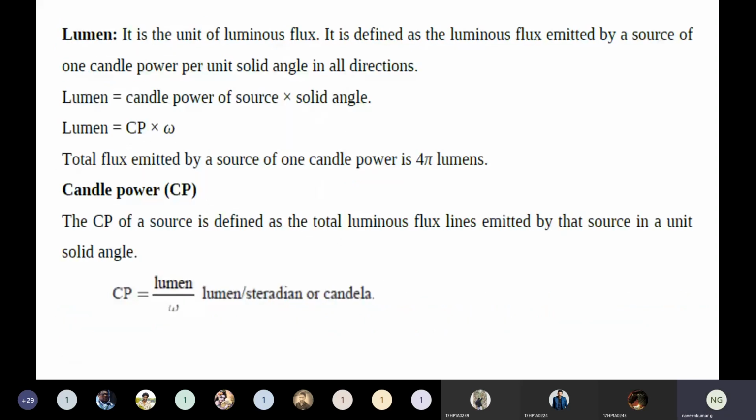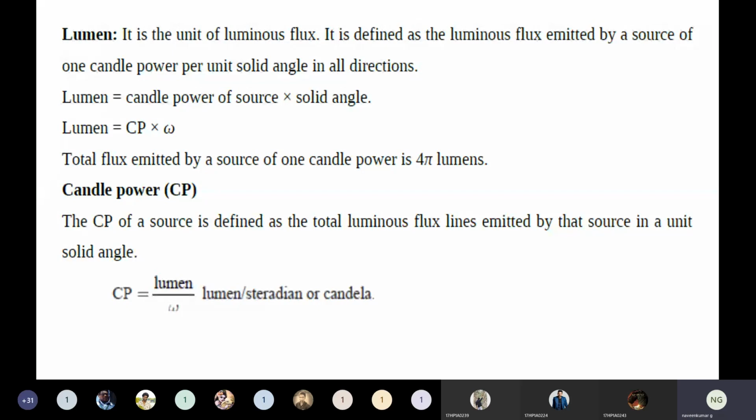Next, the term is lumen. How do you define lumen? It is the unit of luminous flux, the way we represent luminous flux. It is defined as luminous flux emitted by a source of 1 candle power per unit solid angle in all directions.